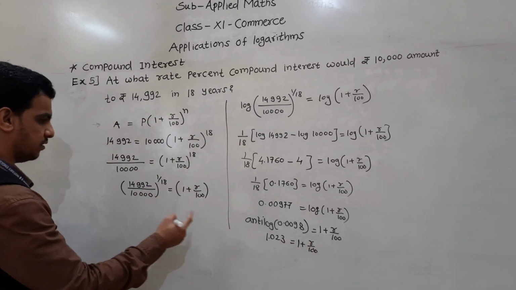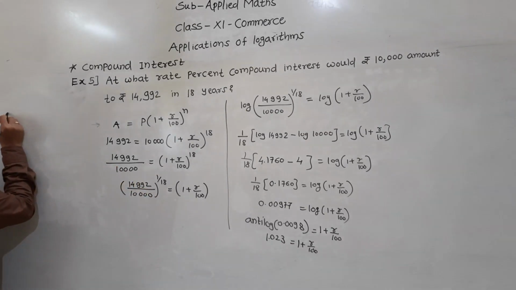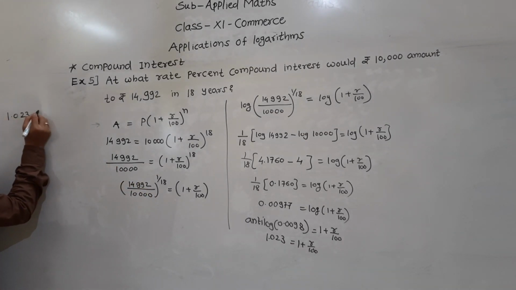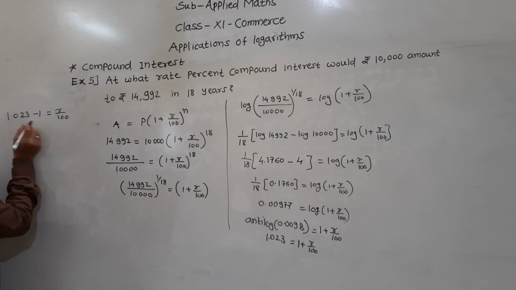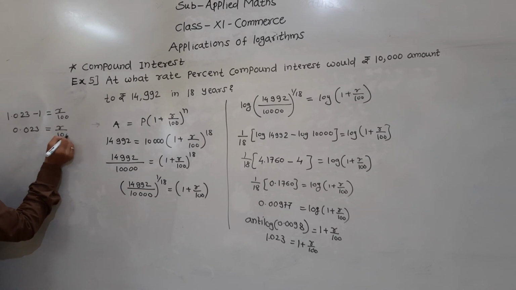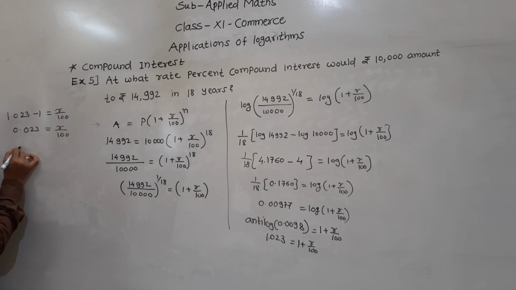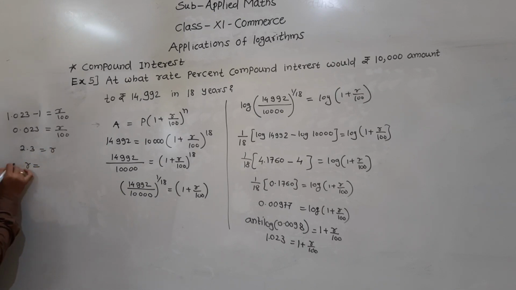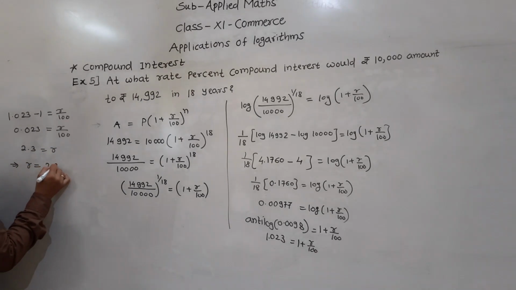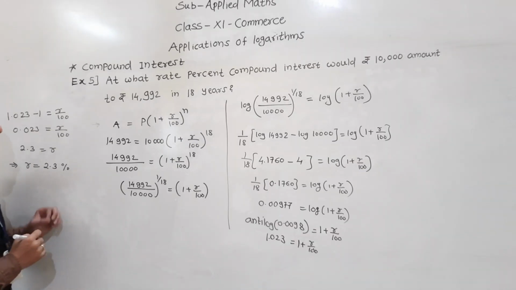Now subtract this one. So 1.023 minus 1 is equal to r by 100. So this number is 0.023 is equal to r by 100. Multiply by 100, so 2.3 is equal to r. So the rate percentage is 2.3%.